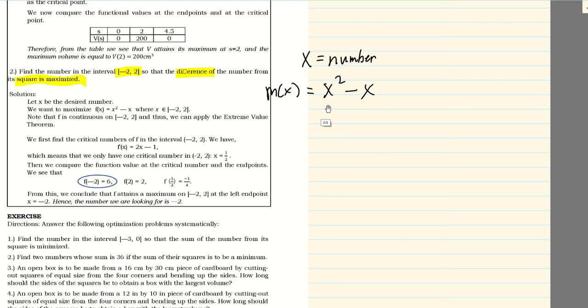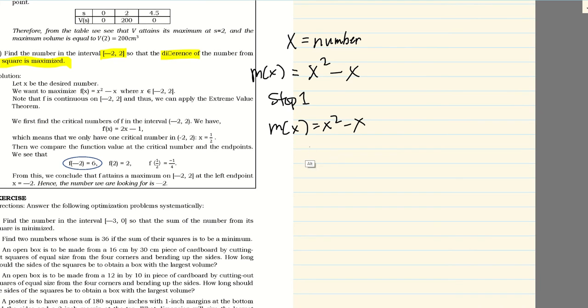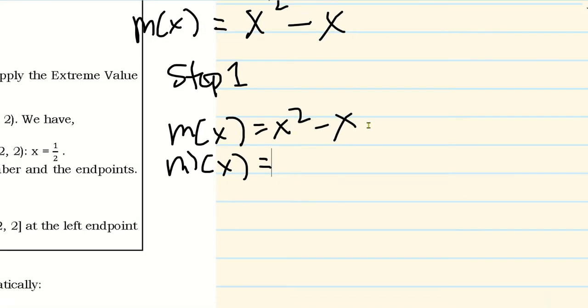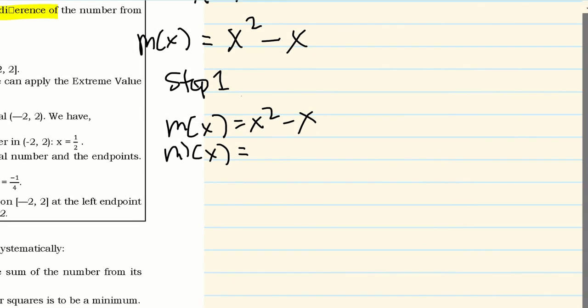So we're gonna have the step 1. What is the step 1? Copy the function x squared minus x, still the same, and then we derive the function. Let's zoom in a little bit so it's easier to write. So deriving it will be 2x minus 1, and then we equate it to 0.